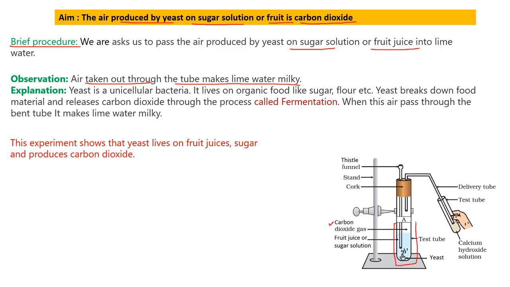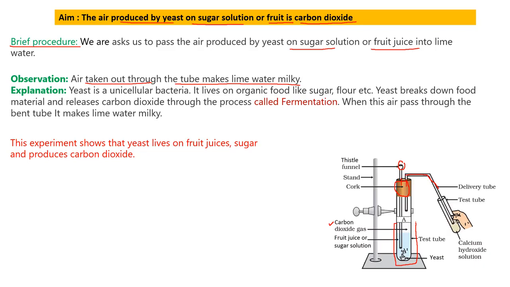And this test tube is fitted with a cork, and this cork has two holes. In one hole we have put a thistle funnel. Clear? Through this thistle funnel you are going to put some yeast, and then this is a delivery tube. We call this type of tube a delivery tube, right?